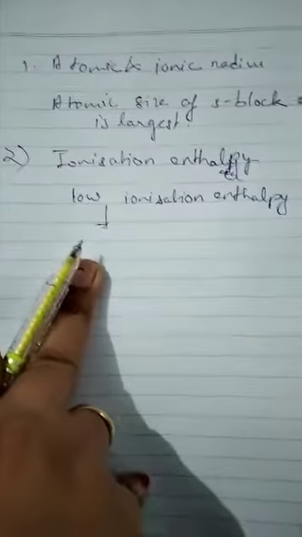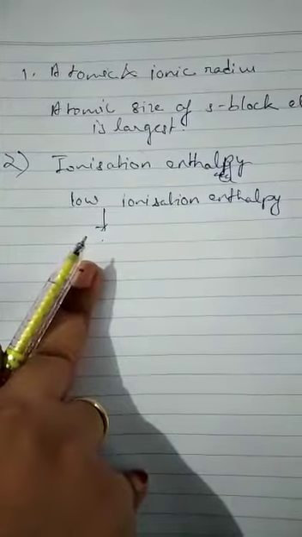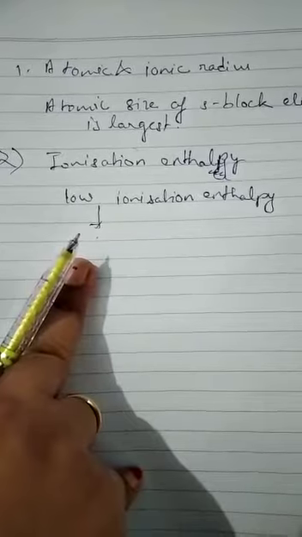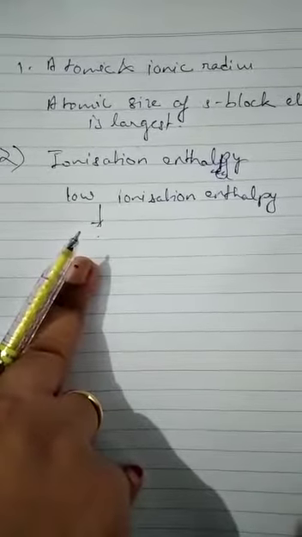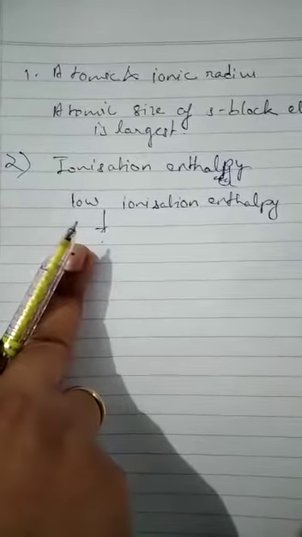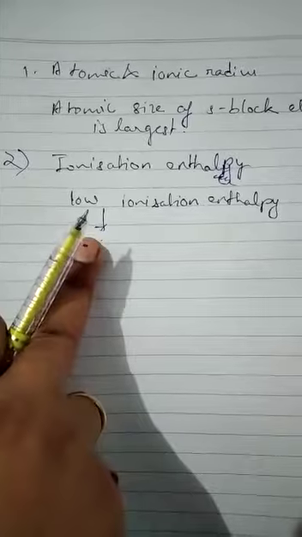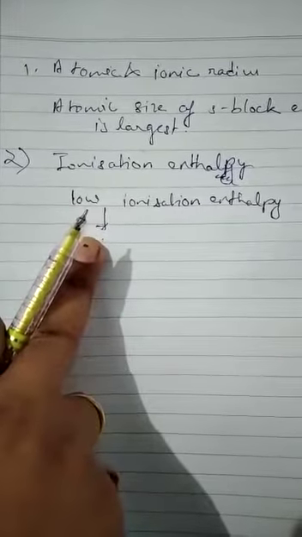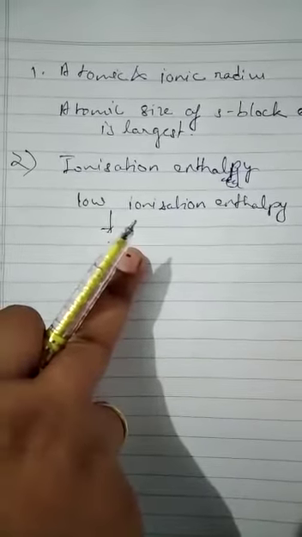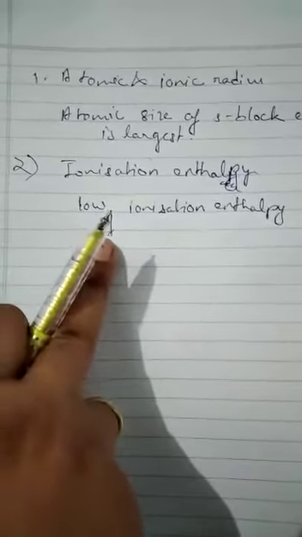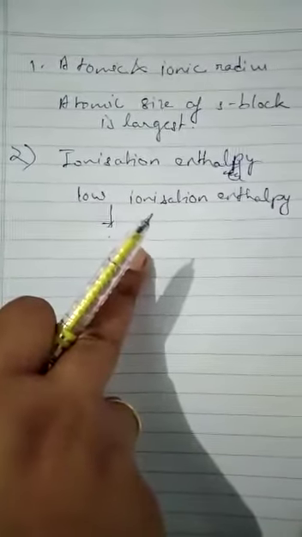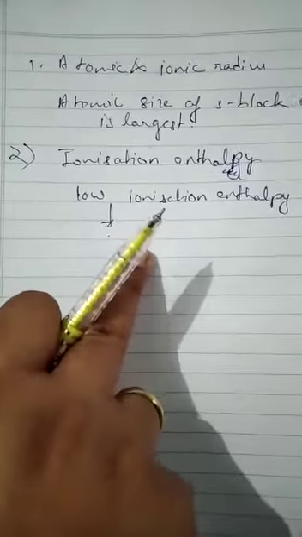This is because when we move from top to bottom in a group, the nuclear charge increases, but the number of shells increases, and due to the increase in the number of shells, the size of the atom increases, and the internuclear distance, meaning the distance of the nucleus to the outermost electron, becomes more, due to which the attraction between the nucleus and the electron decreases, and it becomes easy to remove the outermost electron from the outermost shell.